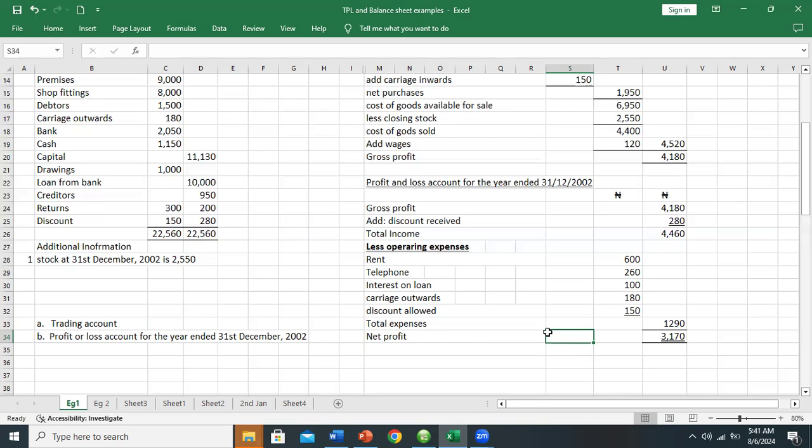So in the next session, we'll look at the balance sheet, so that when you are given the question, you can be able to identify that, oh, these will go to the balance sheet, this will go to the trading account, this will go to the profit and loss account.